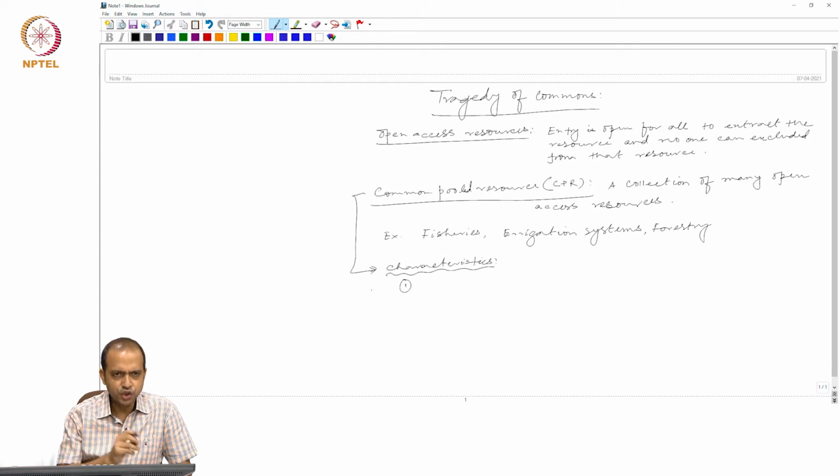The first condition, which is similar to public good, for example, public roads and highways, is that we cannot actually exclude anyone from enjoying the resource.